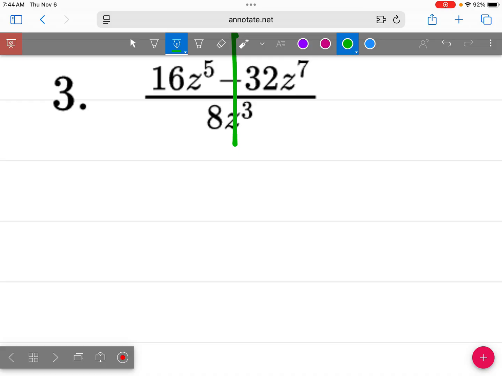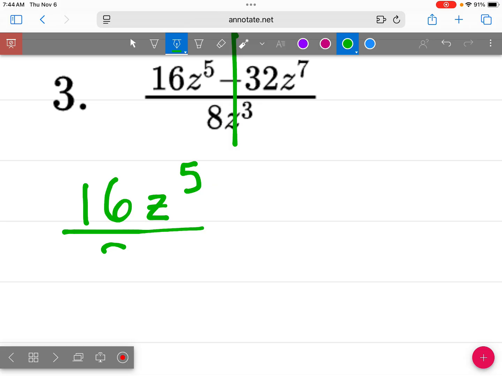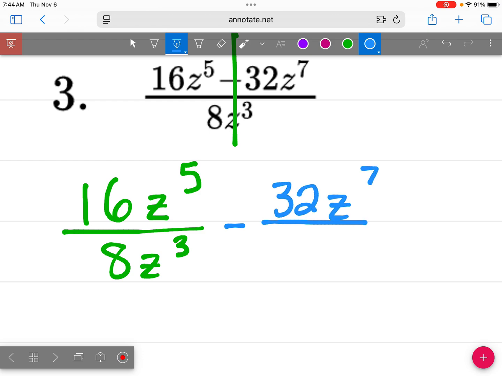So the fact that this has z's in it doesn't change what we do at all. We've got here our 16z to the 5th over 8z cubed. And we're going to subtract our 32z to the 7th over 8z cubed.